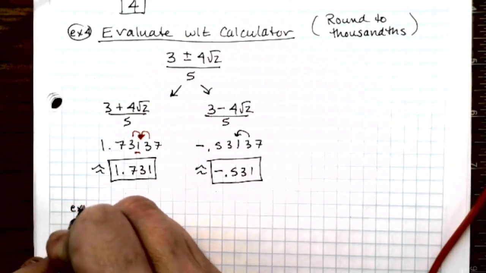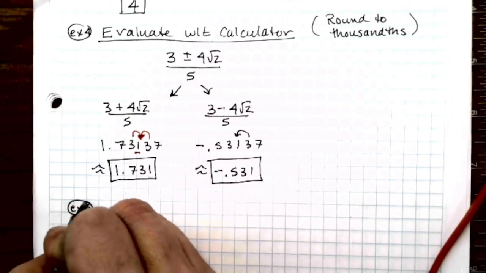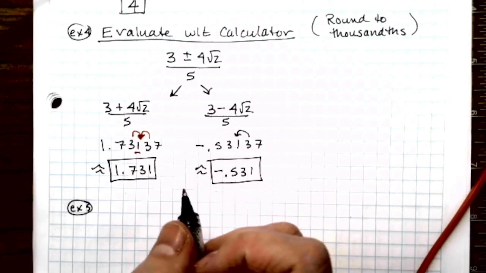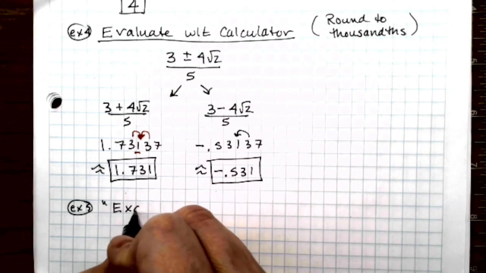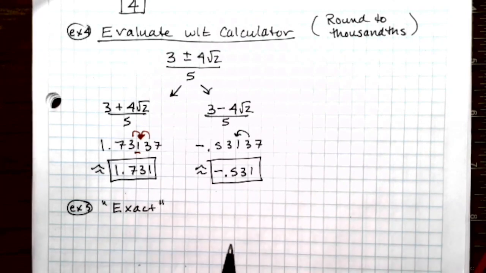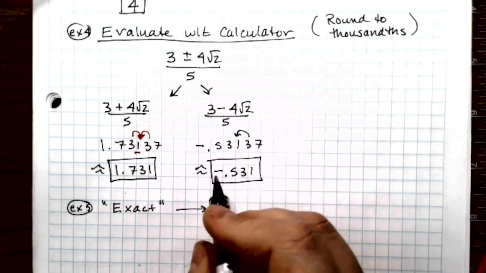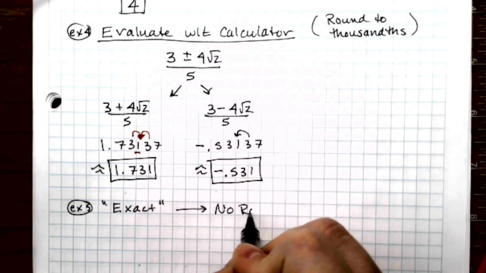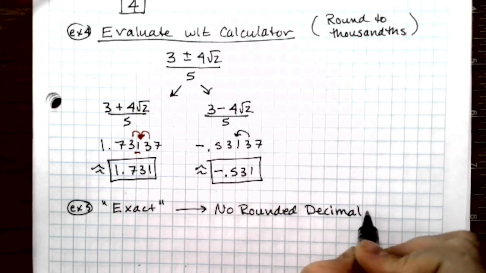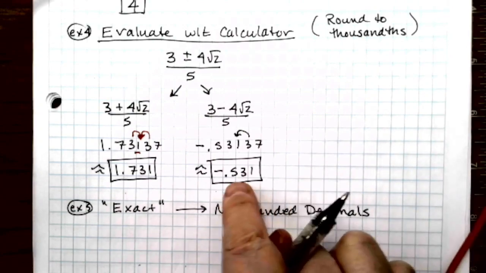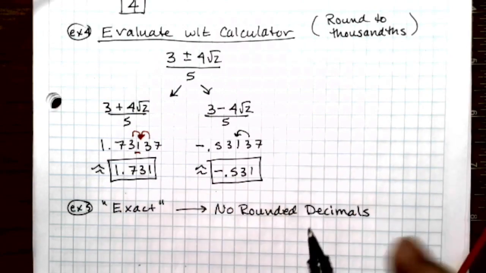Okay, example 5. All right, sometimes they're going to specify that you need an exact answer. So exact answer means no rounded decimals, because the minute you round, you now have error and it's not exact. So these two are not exact.